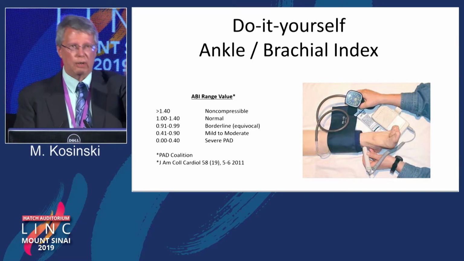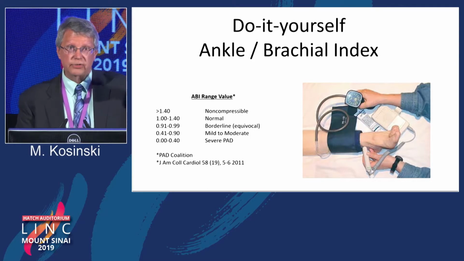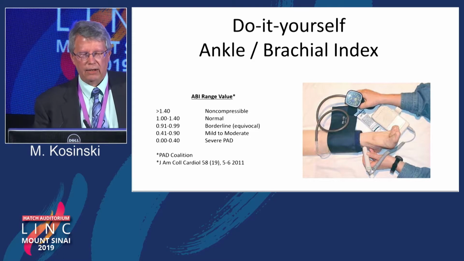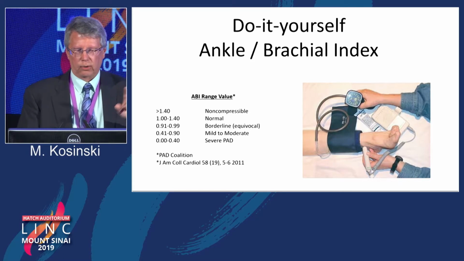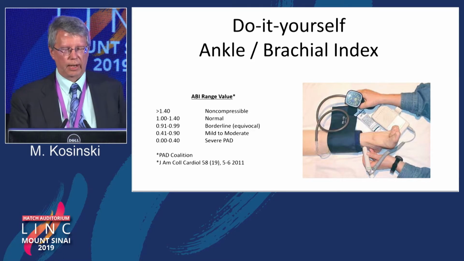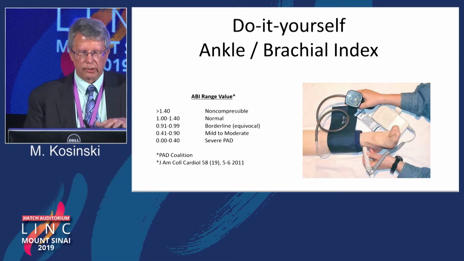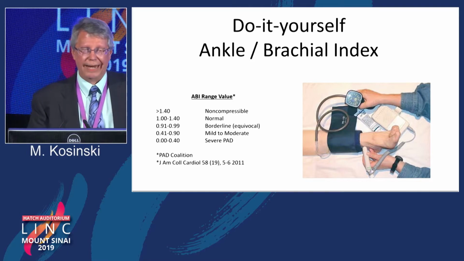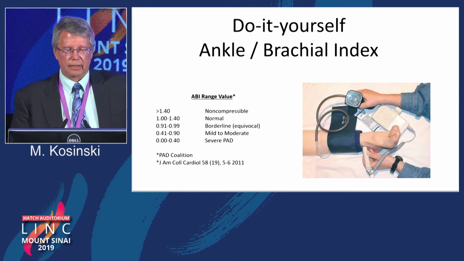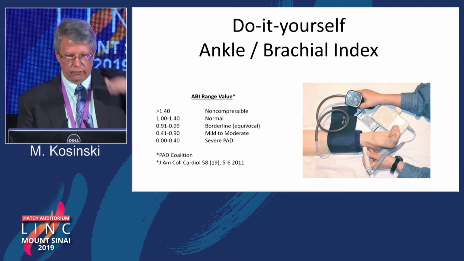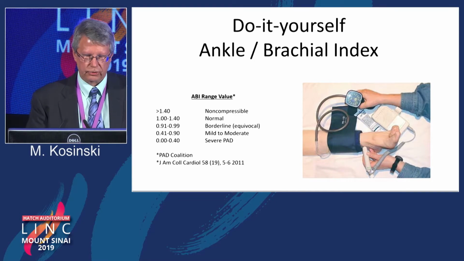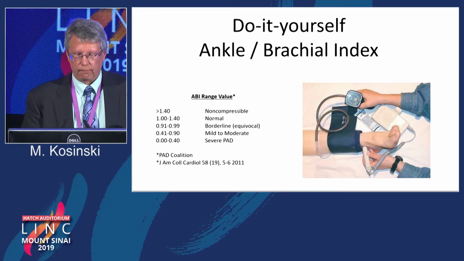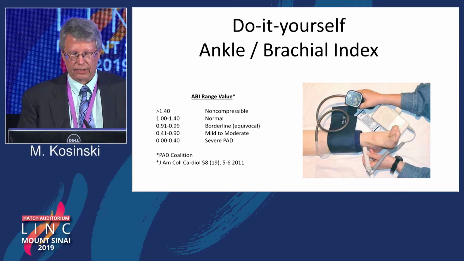Now they call it ABI, or ankle brachial index, and then you can translate what you've gotten to an ABI range value. If it's 1 to 1.4, it's normal, 0.9 to 0.99 borderline, et cetera, until you get all the way down to 0.4 after you've done the math, right? You're taking the ankle systolic over the brachial systolic, and you get your number. So the usefulness of your manual cuff is yet to come.